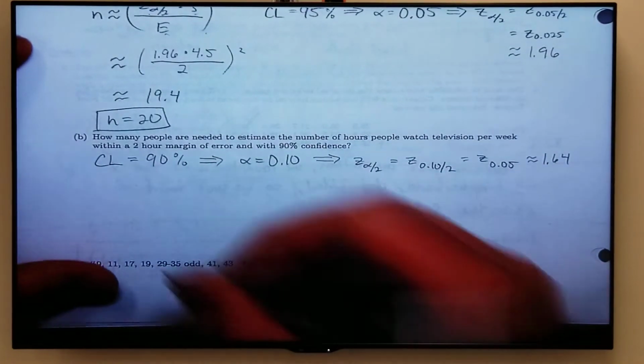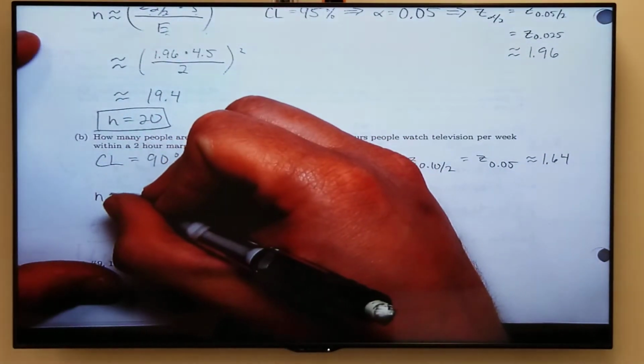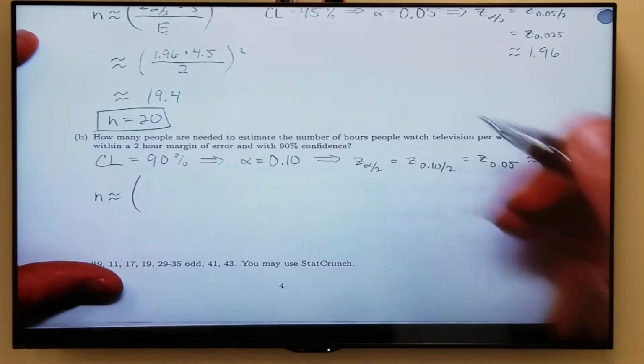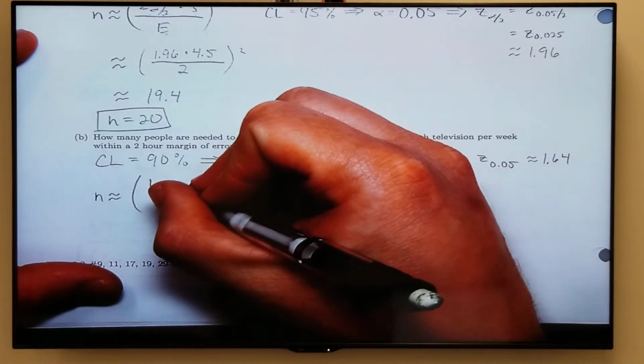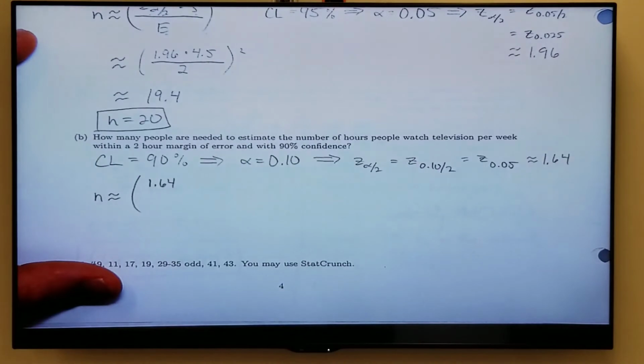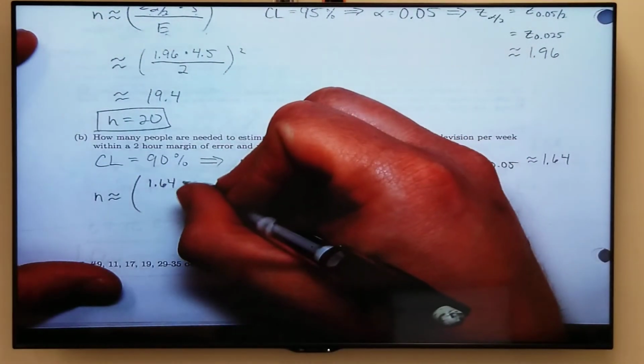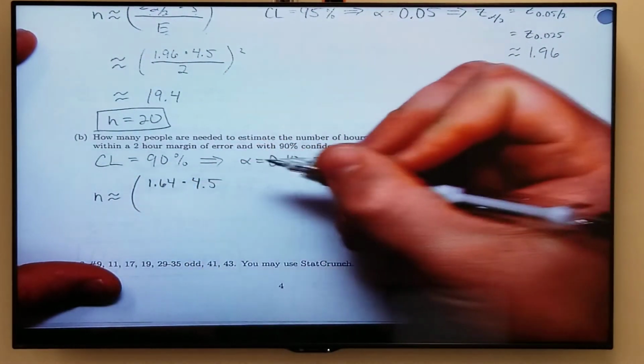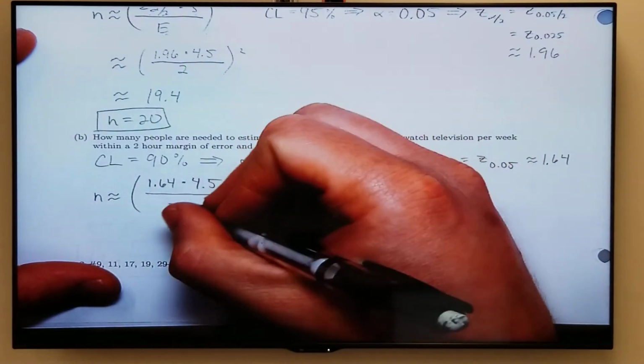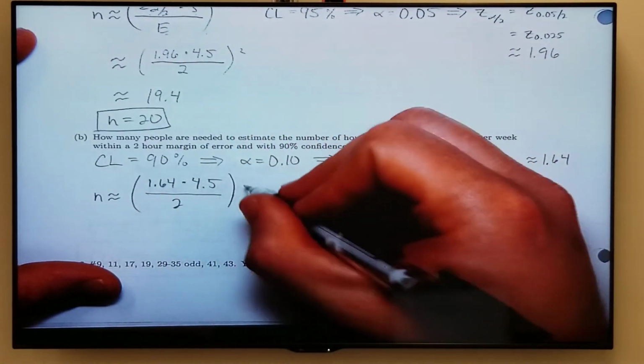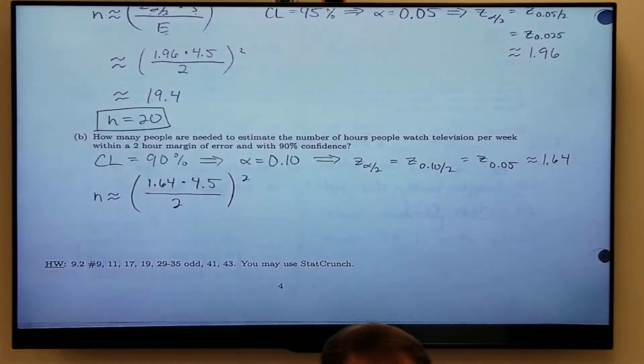Okay, let's plug that into our formula. So n is going to be approximately z sub alpha over 2, which we just computed, times s, which hasn't changed, divided by e, which also hasn't changed, squared.